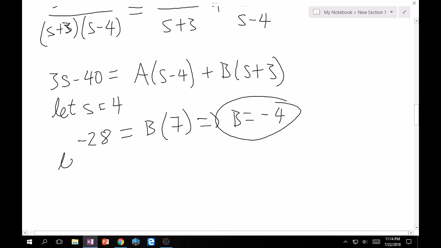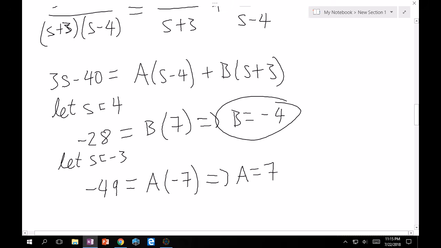And then if we let s equal -3 this time, then the left-hand side becomes -49, which is equal to, at this point the B part goes away. So we have A times (-3 - 4), which is giving me -7. Therefore, in this case, A is equal to 7.